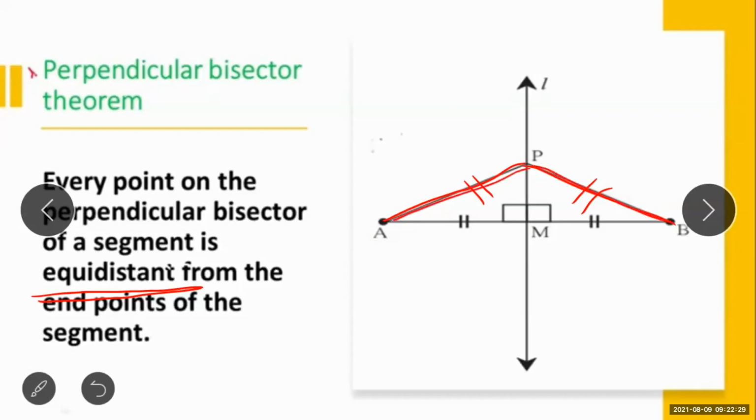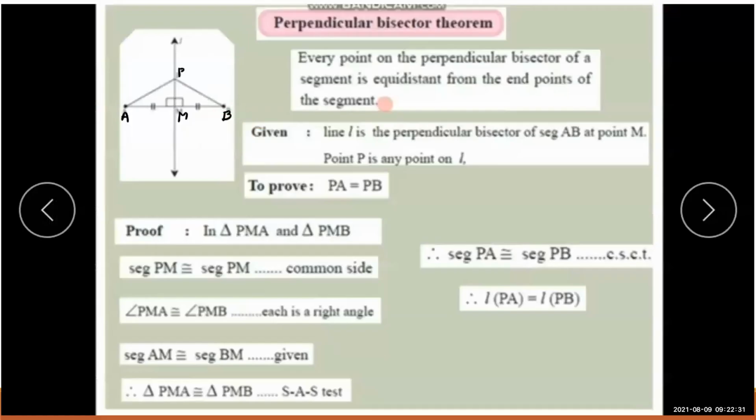Segment AB, line L is a perpendicular bisector, and it bisects the segment at point M. As it is perpendicular, this angle is 90 degrees. And as line L bisects segment AB, AM is congruent with BM.